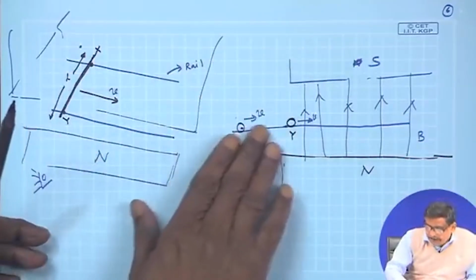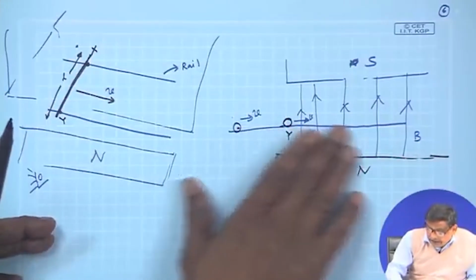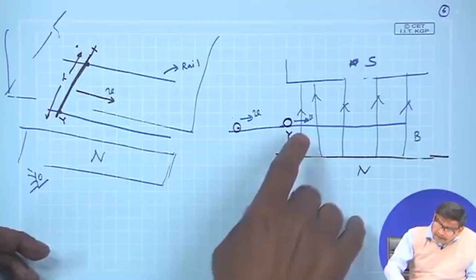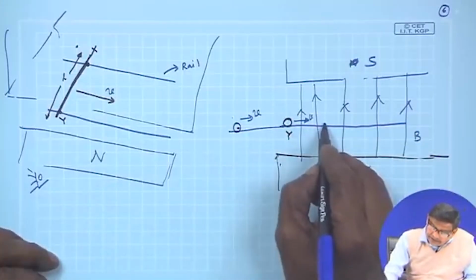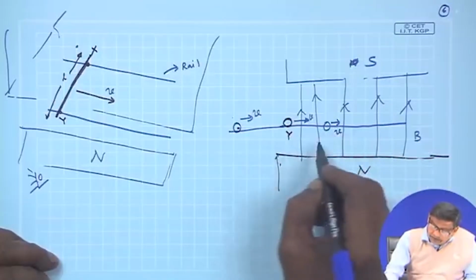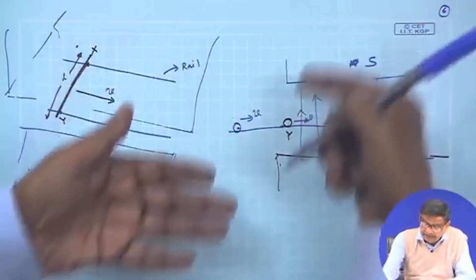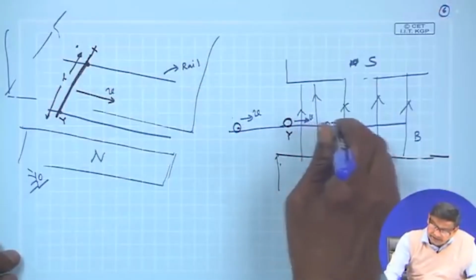The moment it enters this magnetic field region, for example when it comes here, it moves with a velocity v, with this end y, and the other end I cannot see, that is x at the other side.